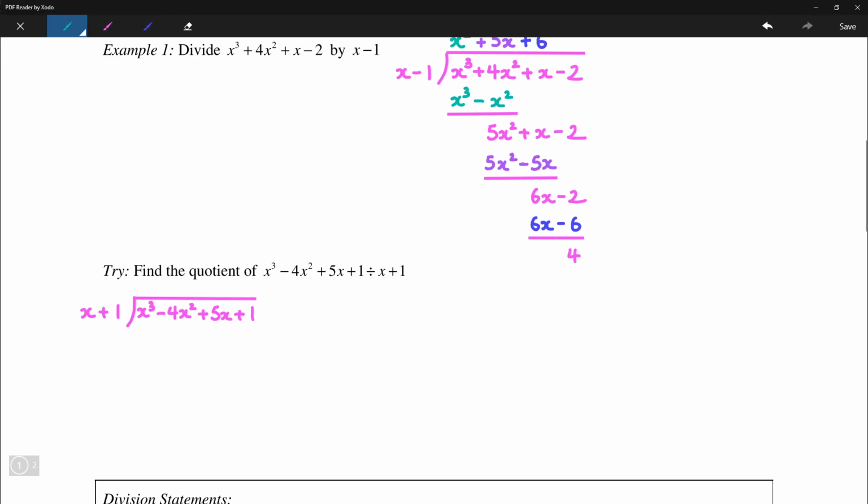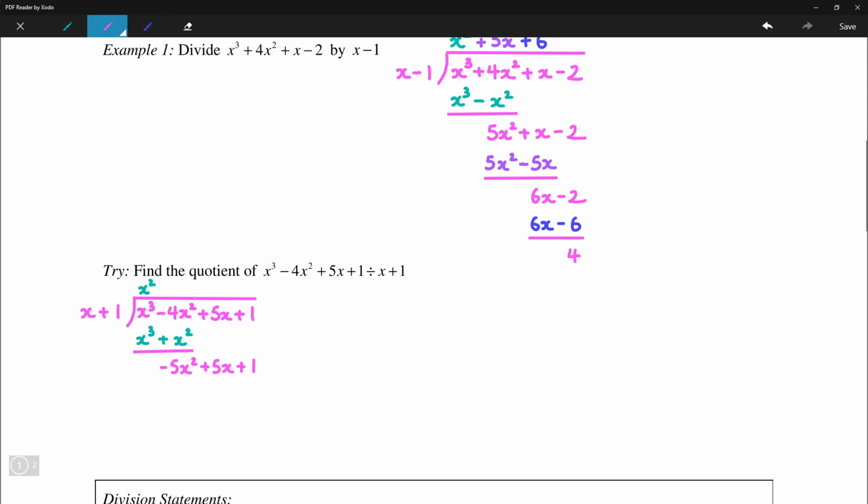And similarly, x plus 1 times x squared will give us x cubed plus x squared. And of course, we take the difference. This will be negative 5x squared plus 5x plus 1.